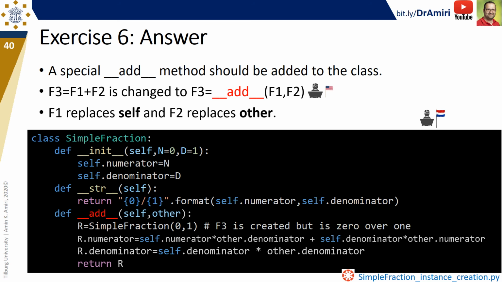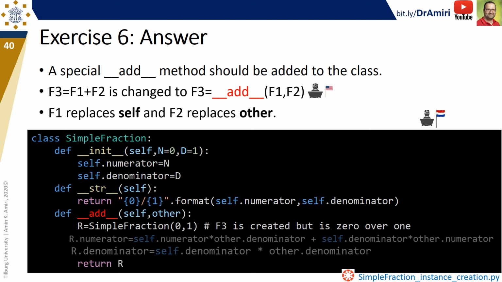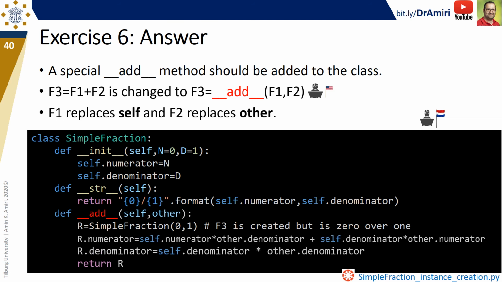Then you create a new instance of the class SimpleFraction. You're going to call it R. For the time being, you're going to assume that it includes 0 over 1, which is 0. Then you calculate the attributes of this new instance. It has a numerator and a denominator. Calculating the denominator is going to be easy.